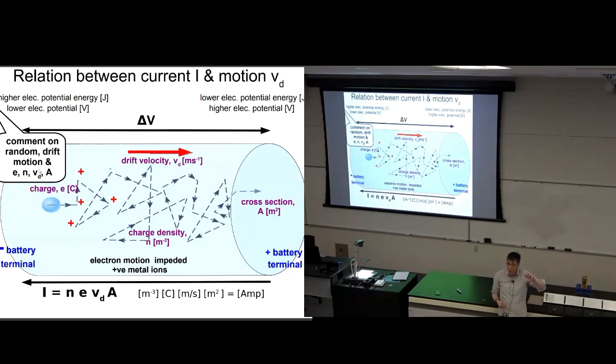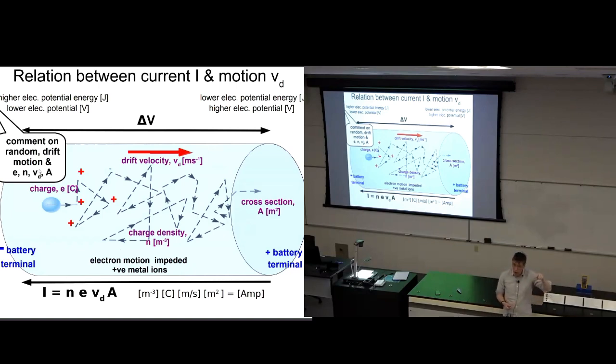They're randomly moving around due to thermal motion. So in the absence of the electrical potential on the wire, those electrons are moving around at high speed. They're just getting nowhere. They're moving around at high speed, bumping into the metal ions in the lattice, but they're getting nowhere.